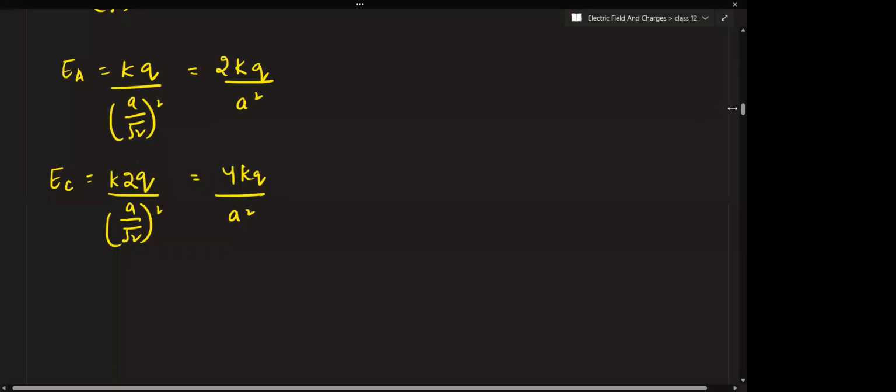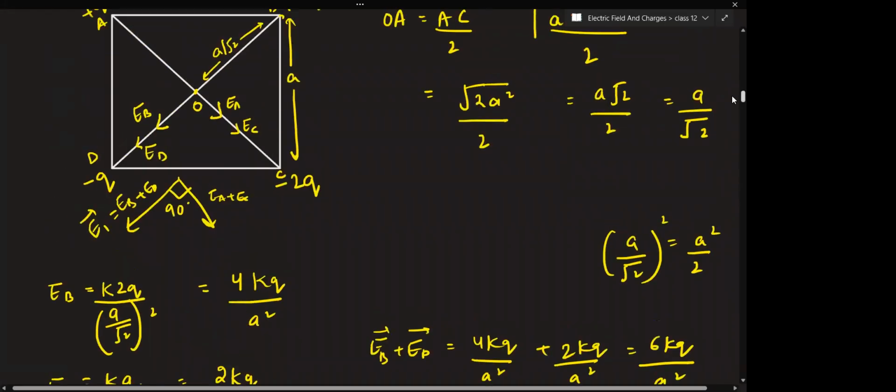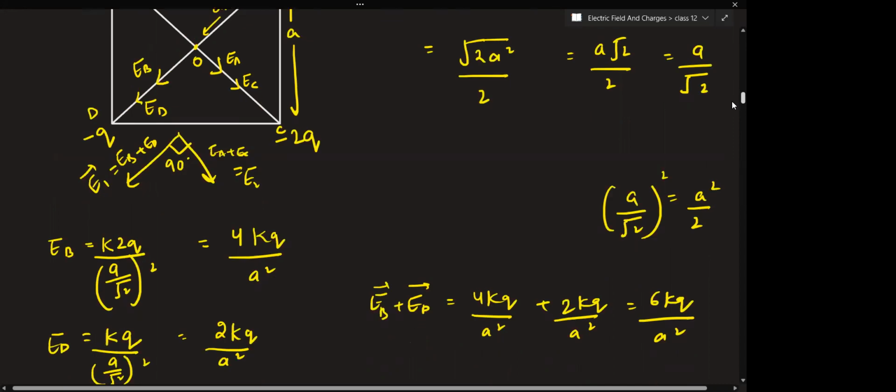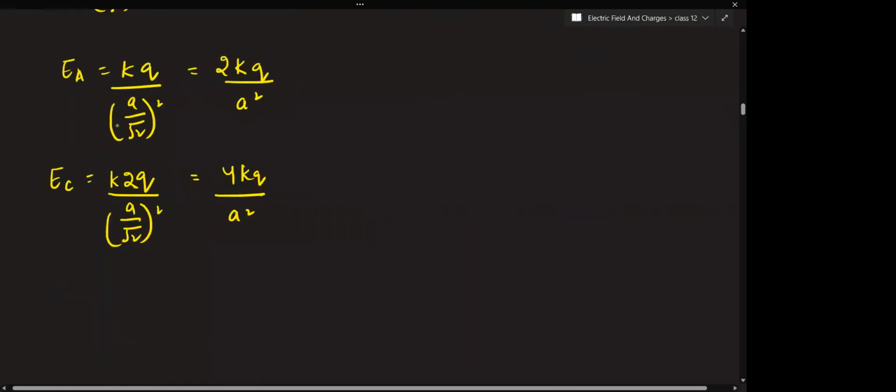Now again for this arm, let's say this is some E2. So E2 will be EA plus EC. For EA we have calculated, EC we already have.